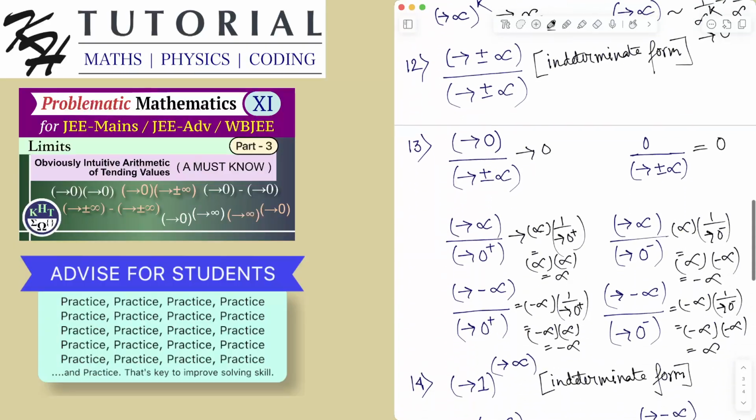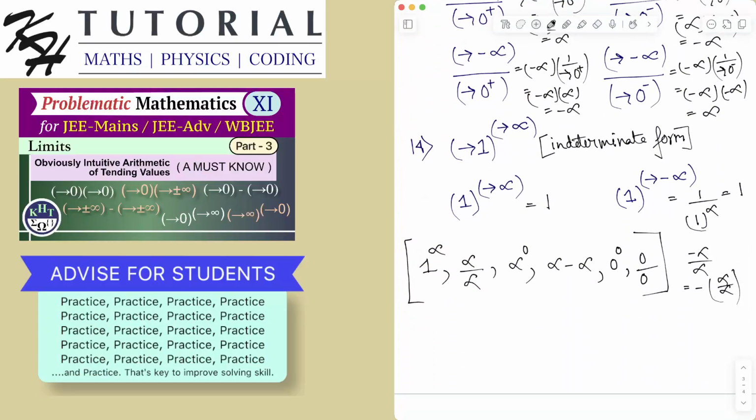The exponential indeterminate forms are the three ones: 1 to the power infinity, infinity to the power 0, and 0 to the power 0. I will try to discuss how to solve this kind of limiting problems that fall in these forms one by one. So please stay tuned for these upcoming videos.